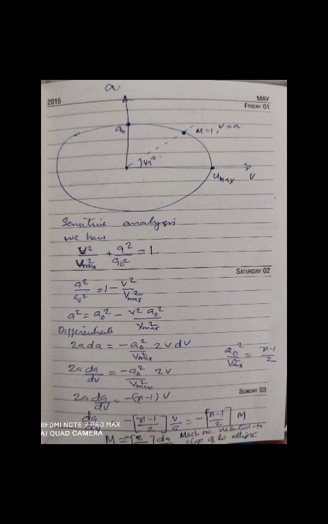The Mach number here is related to the slope of the ellipse. So here, if you draw a line at an angle of 45 degrees to the horizontal or vertical, at the meeting point, M is equal to 1, because V is equal to A. V by A is equal to M, so V equal to A means M is equal to 1.